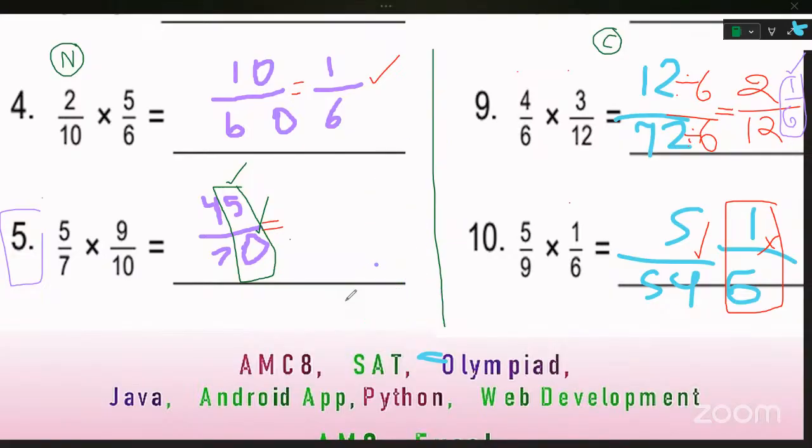You can divide by 5. I thought it was wrong because 70 is bigger than 50, so I thought you couldn't. 70 is a bigger number, but you can divide by 5. Do not get confused.